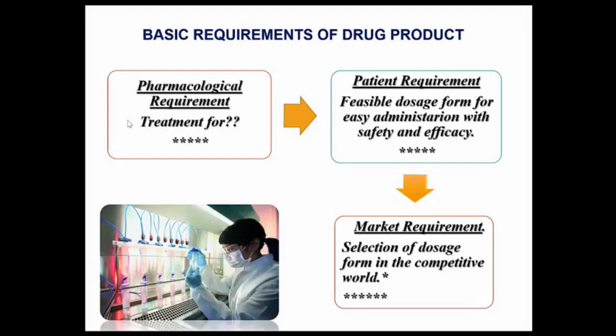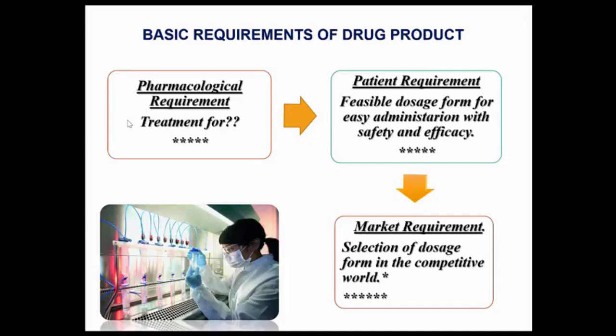Next, market requirement. Market requirement here means the selection of dosage form in this competitive world is very, very important. What kind of dosage form you are selecting? For example, CNS, central nervous system drugs, antipsychotics, anti-manic, antidepressant drugs, have high demand.